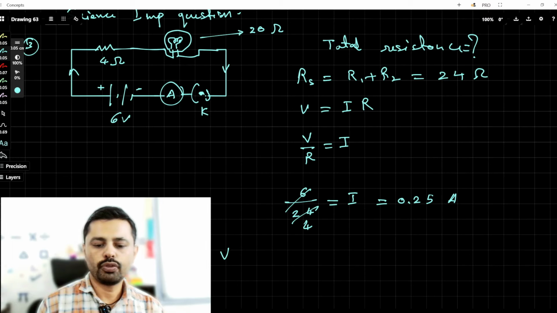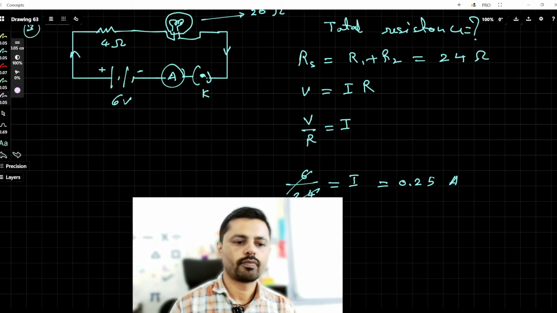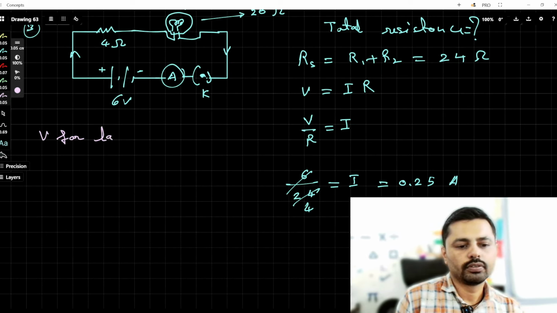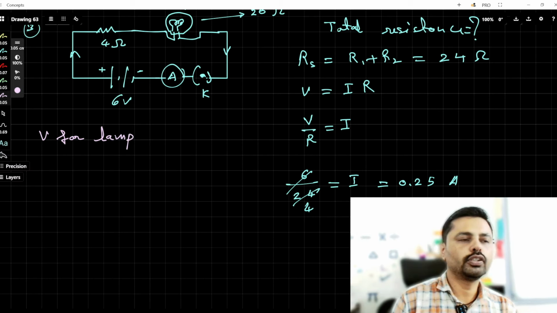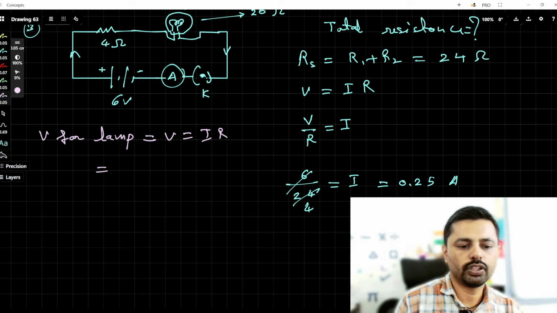So we know already V equals IR. So V for the lamp, I will use another color. V for the lamp, we apply the values of the lamp. V equals IR.